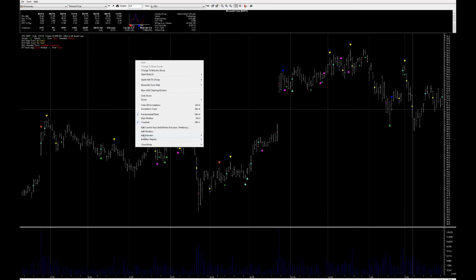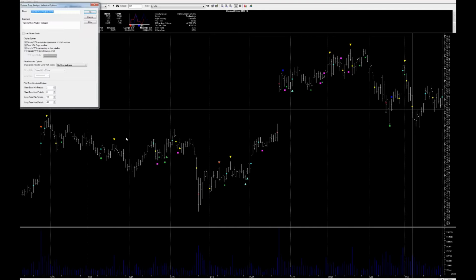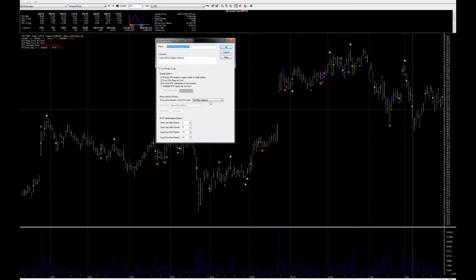As part of the VPA indicator, you can have the VPA indicator draw the price using its own special coloring rules. That's what this option, draw the price using the VSA colors, does. There are really two sets of colors here.